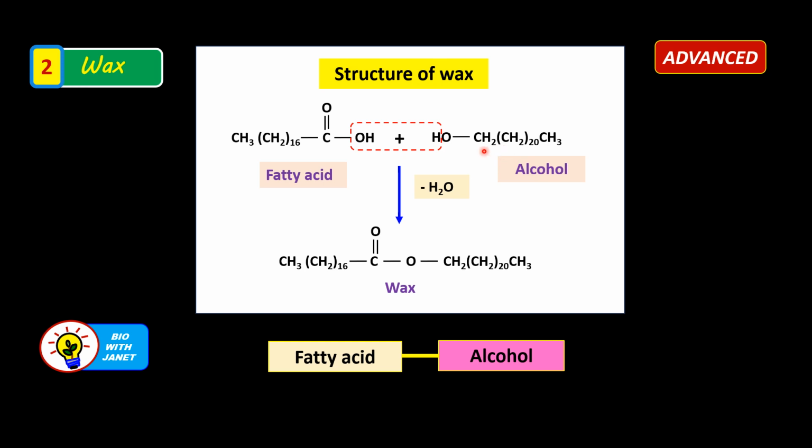So the alcohol molecule has an OH group here, the hydroxyl group. So when the two molecules combine, one molecule of water is eliminated, and the fatty acid combines with the alcohol to form the wax. So this is the fatty acid component, and this is the alcohol component, joined by this oxygen atom here.